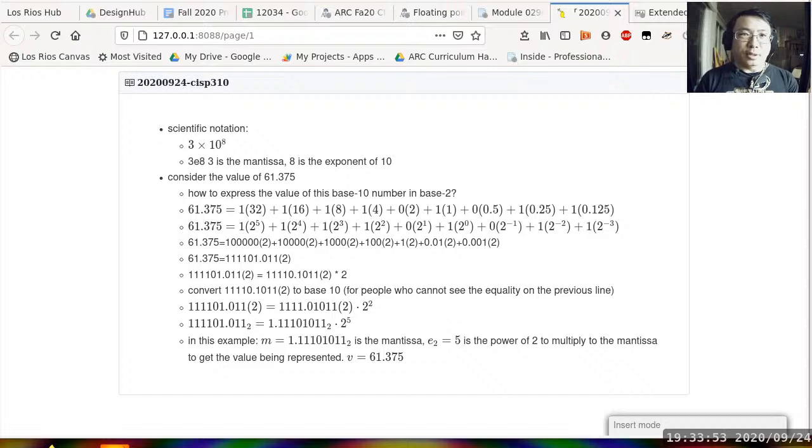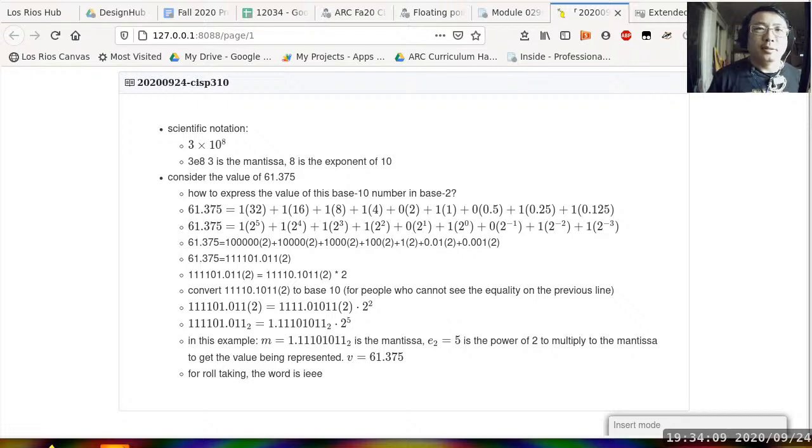This is also a good time to mention tonight's password for roll taking. The word is, it's not even a word, it is an abbreviation. It is IEEE, all lowercase. No, without the S. Tom, try not to confuse the rest of the class.